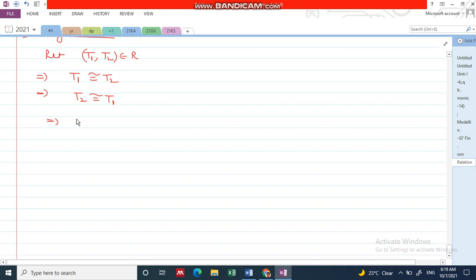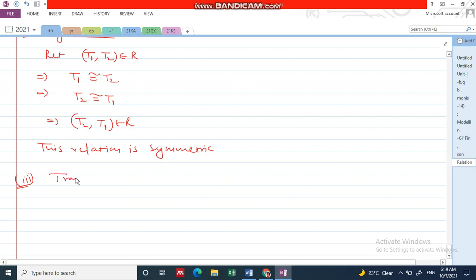So from here we declare that (T2, T1) is a member of the relation. So this relation is symmetric.